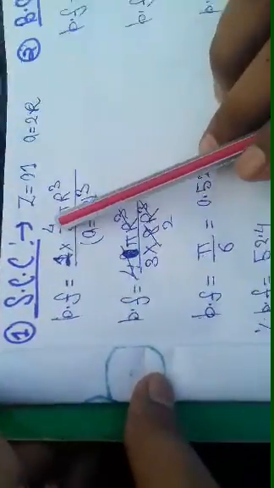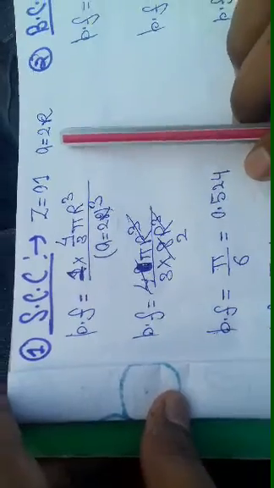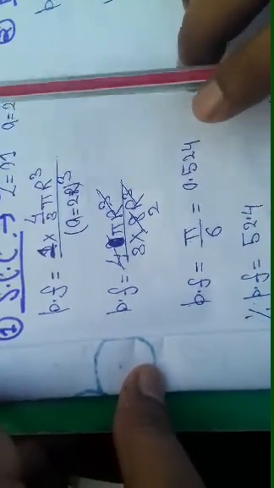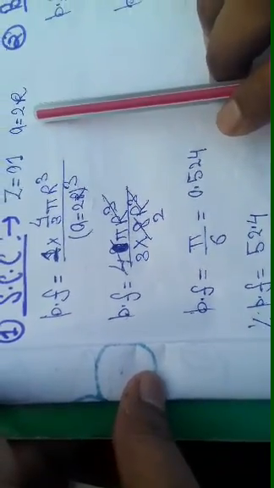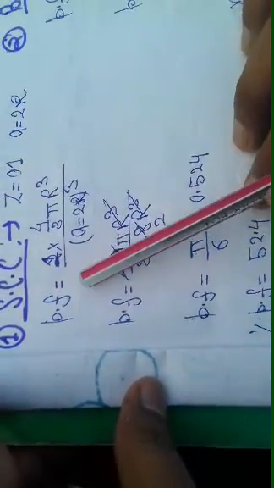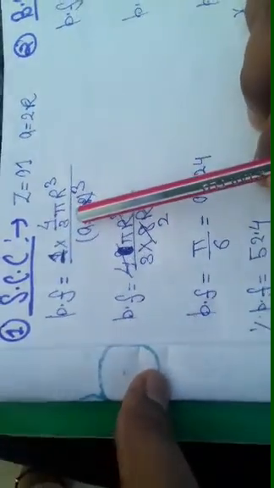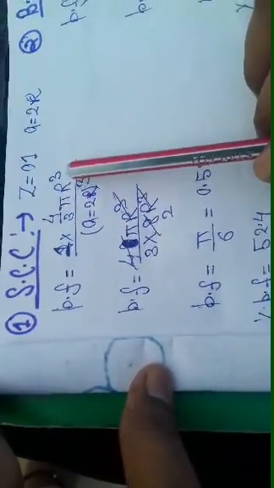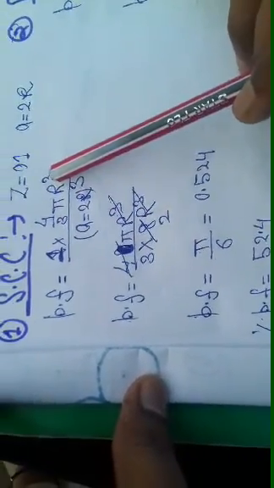In the next section we talk about the packing efficiency of different types of unit cell. First, the simple cubic cell: its Z value is 1 and the relation between edge length and radius of atom is a equal to 2r. These two points are very necessary for solving this equation. In the packing fraction formula, Z is 1 and 4 by 3 pi r cube is the volume of the atomic sphere.